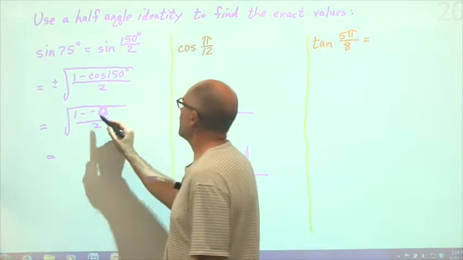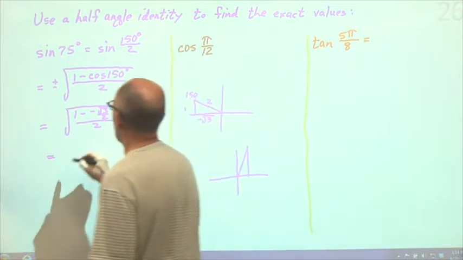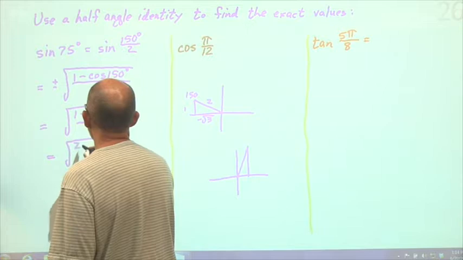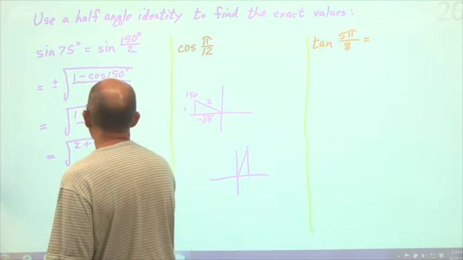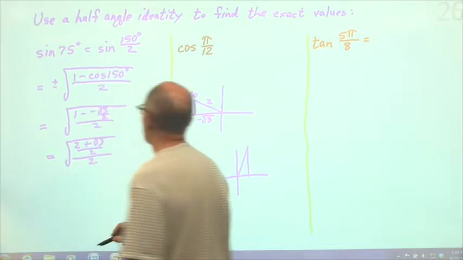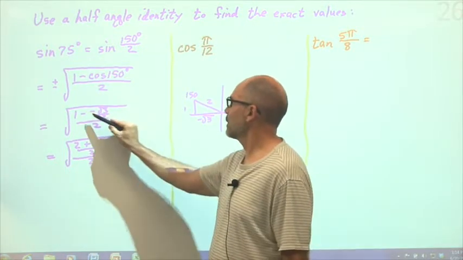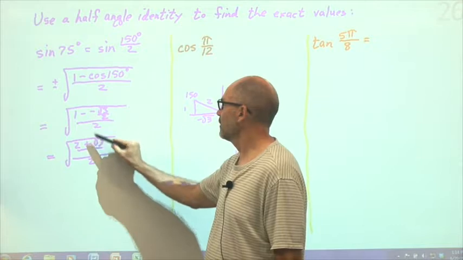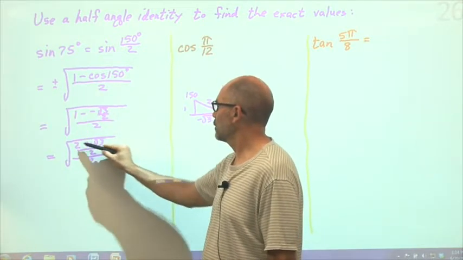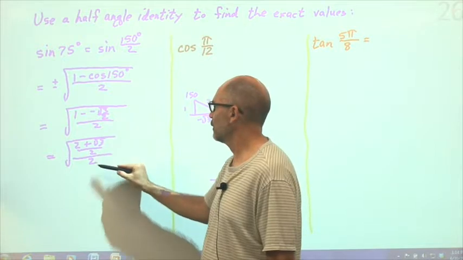Okay, so let's make a common denominator on top. So it's going to be the square root of 2 plus square root of 3 all over 2, all over 2. Notice all I did was go minus a negative is plus, and then the 1 becomes a 2 over 2. So 2 plus square root of 3 all over 2 all over 2.